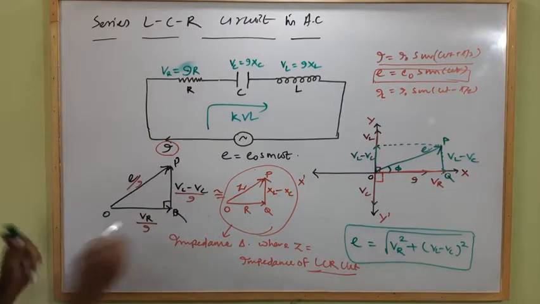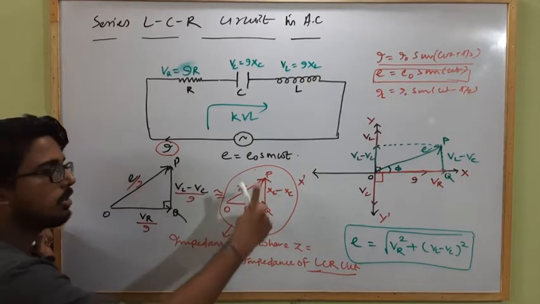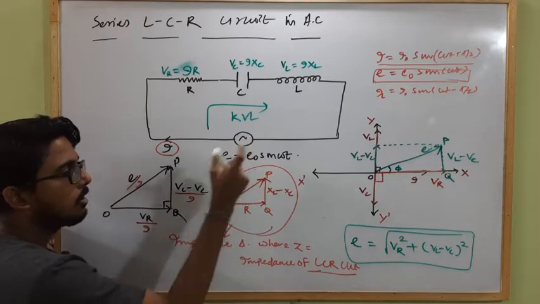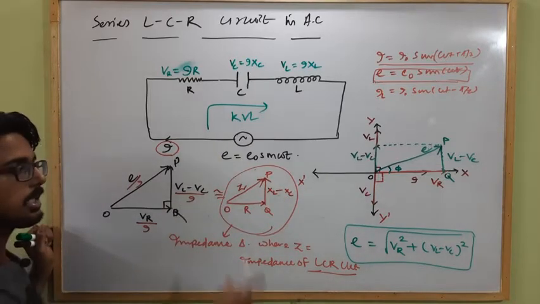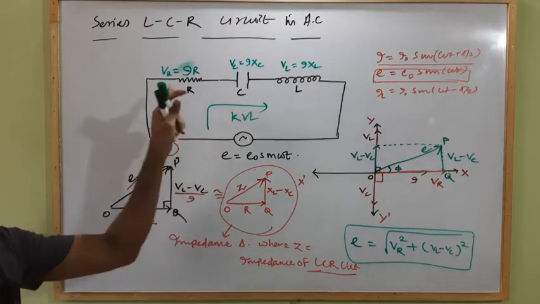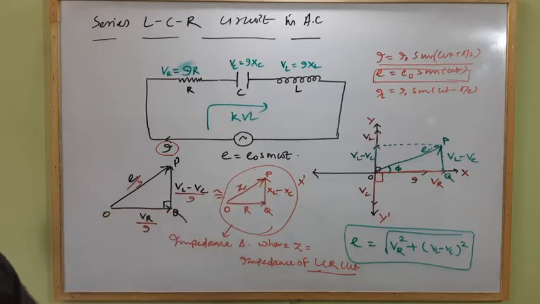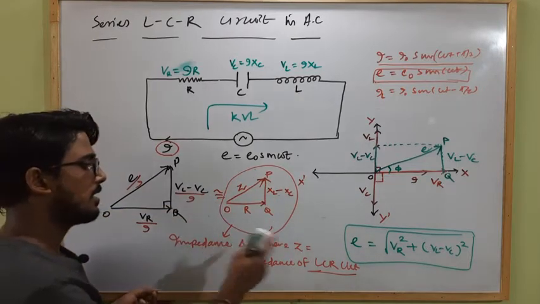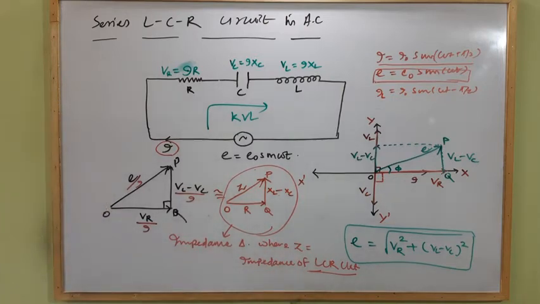In this triangle, one side represents the resistance of the resistor, another side represents the difference between the inductive reactance and capacitive reactance, and the hypotenuse represents the impedance of the complete series LCR circuit. That's why this triangle is known as what? Impedance triangle, where Z is equal to impedance of the LCR circuit. Clear? What is the value of Z?